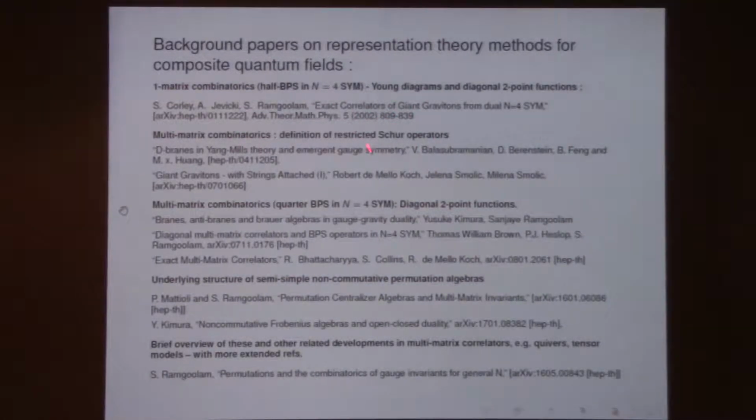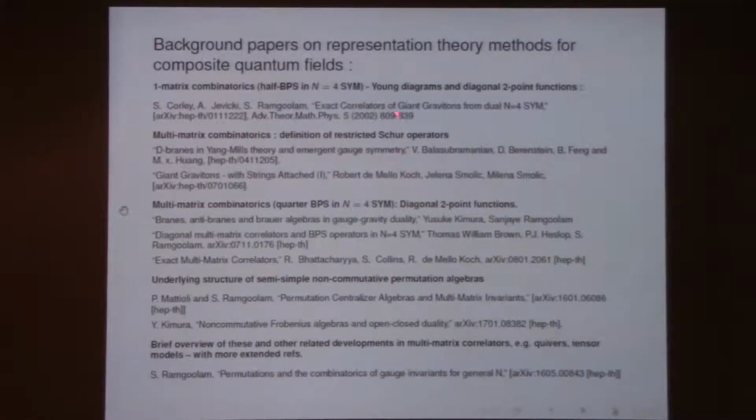But there's a kind of subject of restricted Schur operators, and some of the key references are here. And then within this subject of multi-matrix combinatorics, this question of diagonal two-point functions, which is relevant in the quarter BPS sector of free super Yang-Mills, was solved in a set of papers around 2008, 2009, with some postdocs at Queen Mary, and also here by Robert and collaborators, postdocs here.